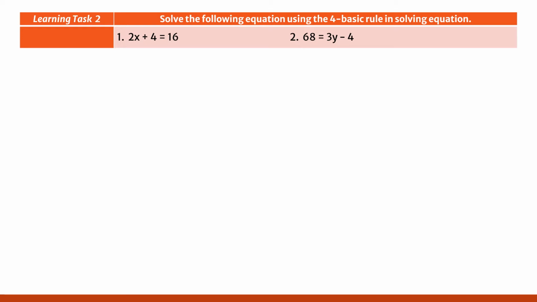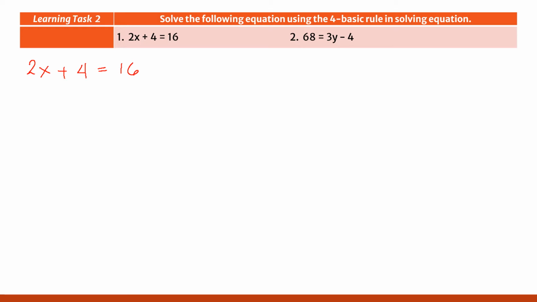Number 1, 2x plus 4 is equal to 16. So, isulat muna natin 2x, okay, plus 4 is equal to 16. So if you notice, dito sa left-hand side, meron tayong 2x and then plus 4.